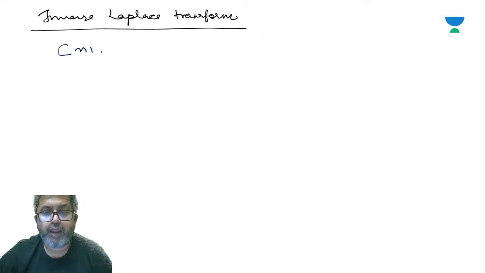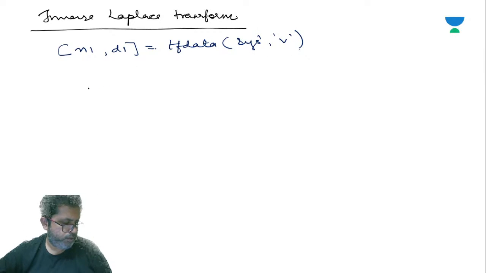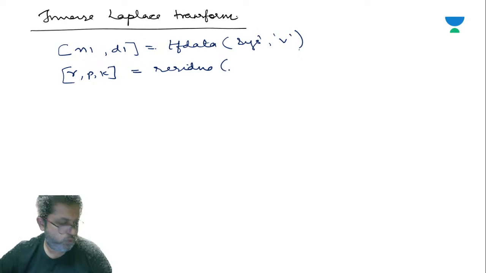You find n1 comma d1 is equal to tfdata sys1 comma 'v'. Then r p k, residues, poles, gain, is equal to residue n1 comma d1.